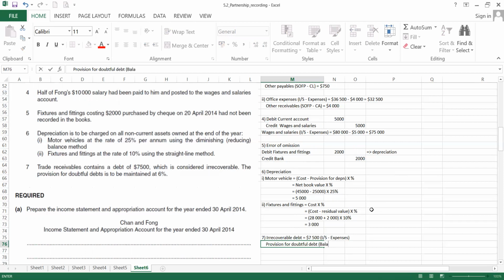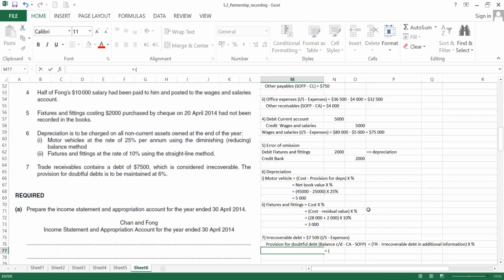So for the provision for doubtful debt, we are calculating the balance carried down for the current asset under the statement of financial position. So what is the formula? Since this one has the irrecoverable debt, we have to take trade receivable minus irrecoverable debt, which is in the additional information number 7, and times the percentage. So now we calculate.